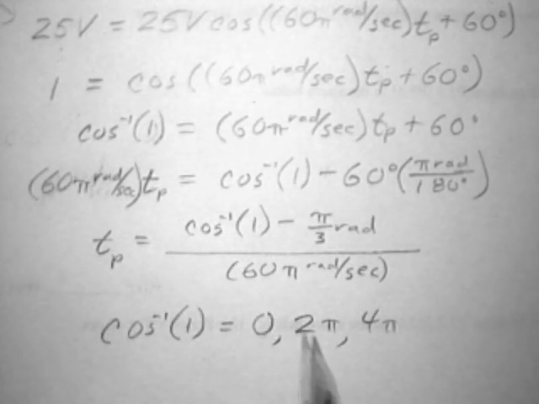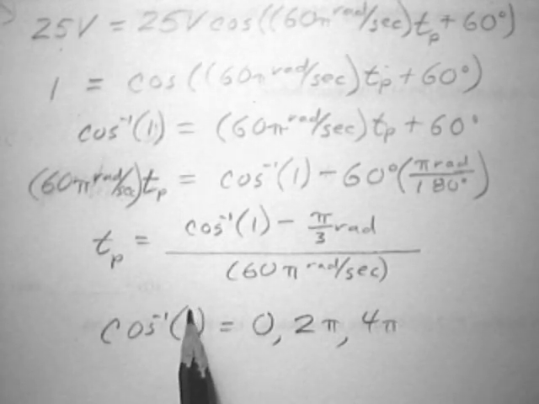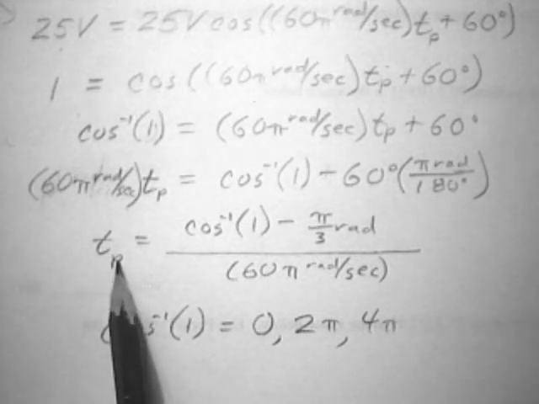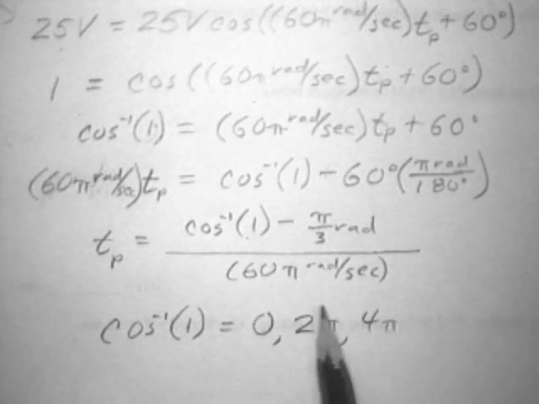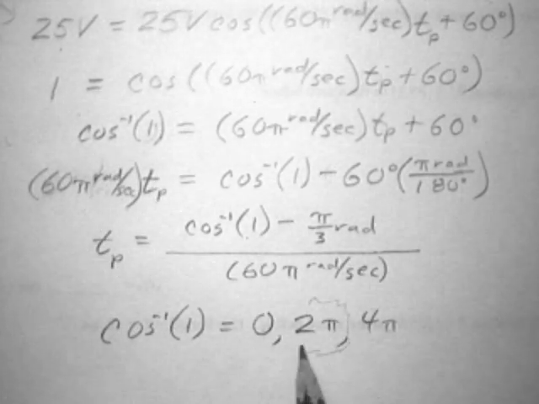But the question asks the time for the first peak, and in particular the time for the first peak where time is greater than 0. If you plug in a 0 here, you get a negative time, so that's not the one we want to use. We want to use this one right here instead.